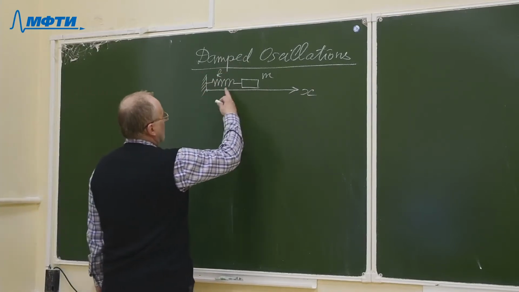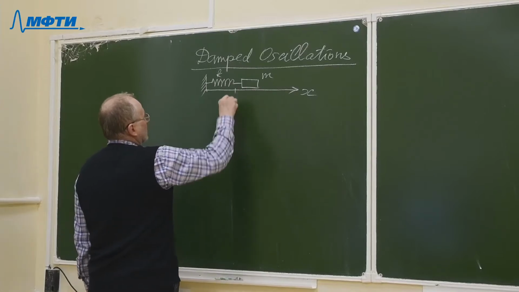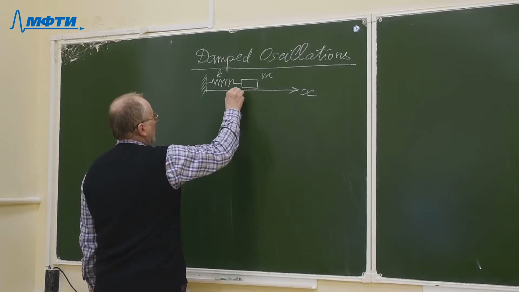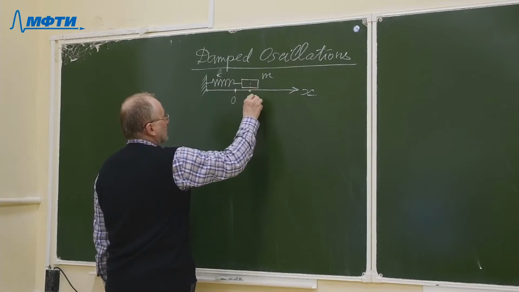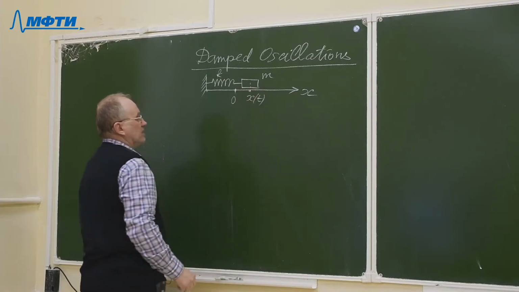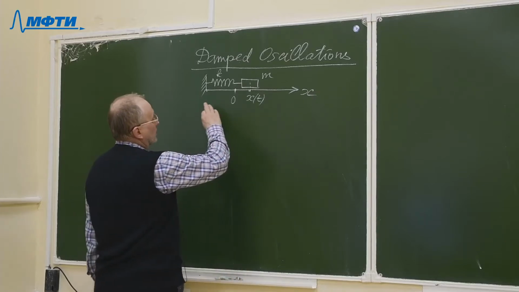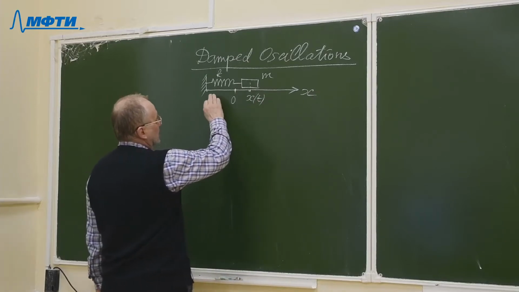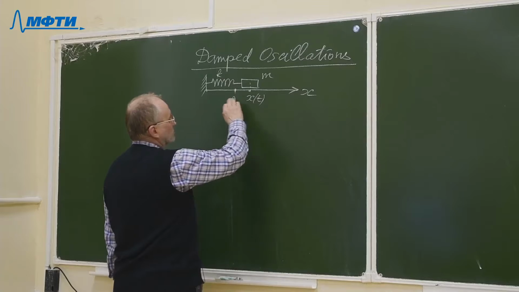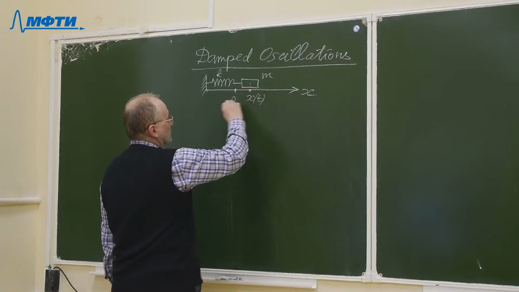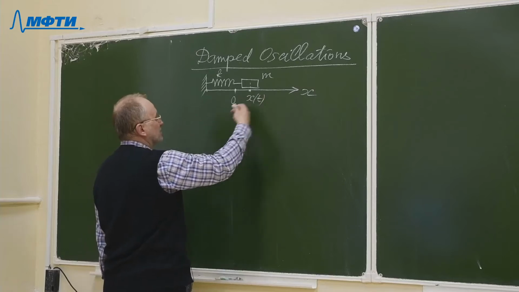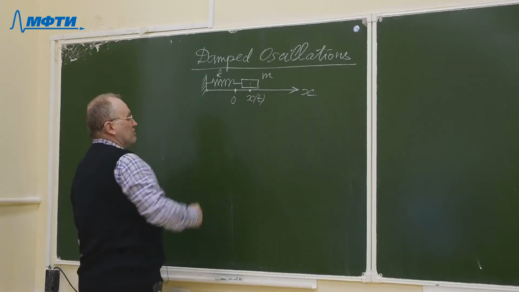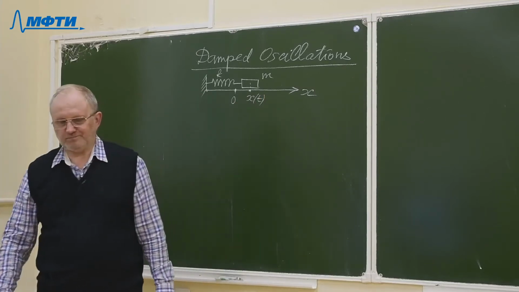So this body may oscillate, and let this be a point of equilibrium, and this is the current coordinate of the body, and all the physical quantities directed to the right will be considered as positive, and all the quantities like velocities and displacements and accelerations directed to the left will be considered as negative.